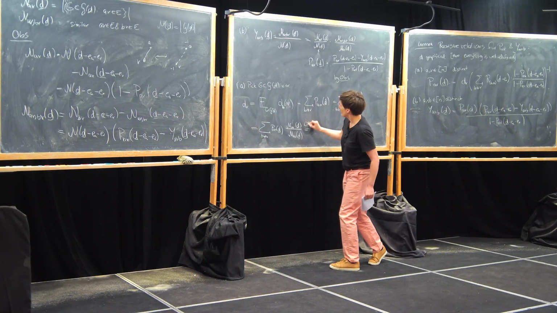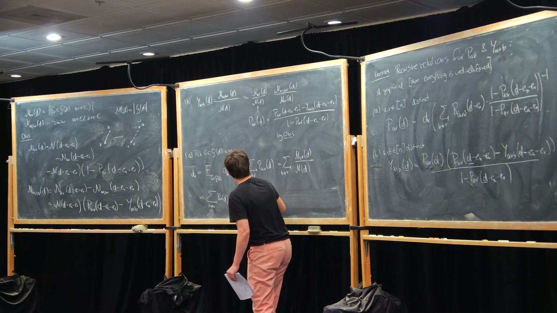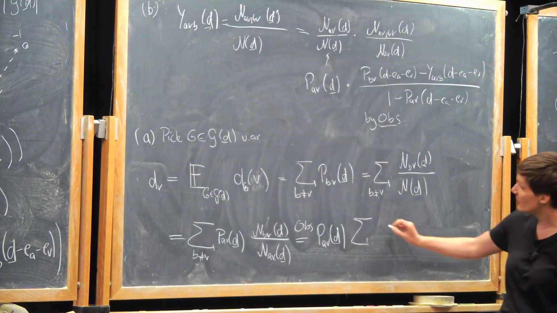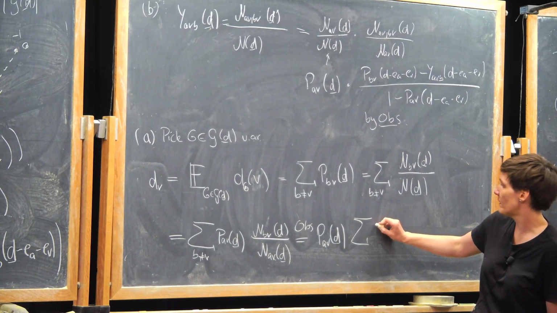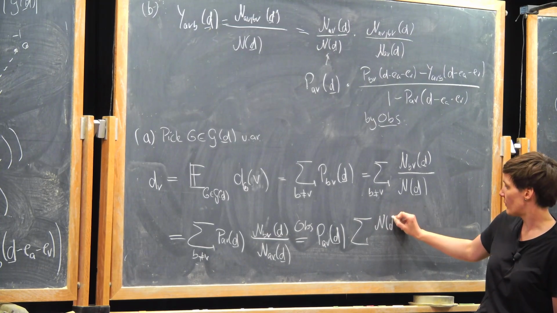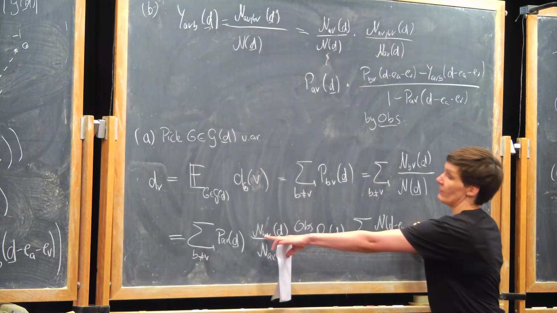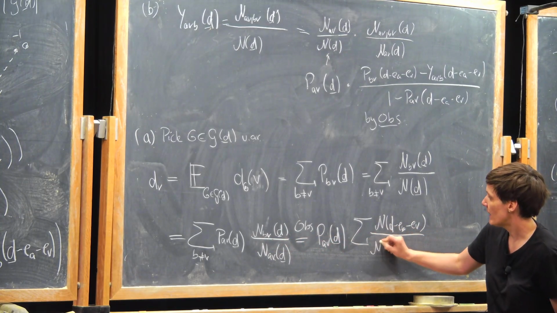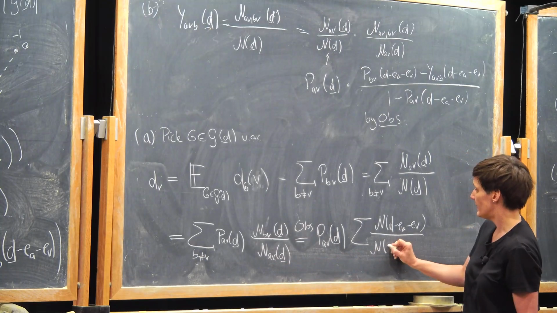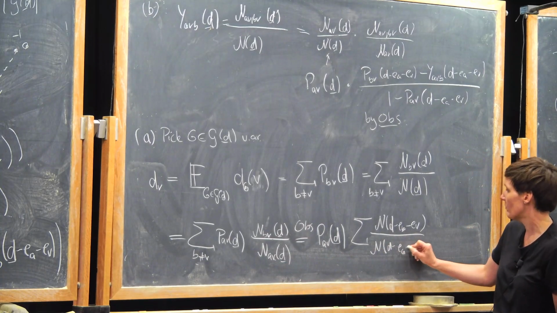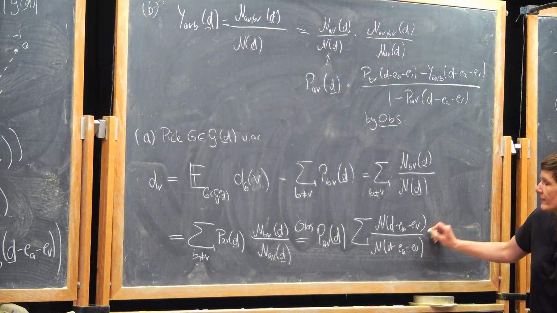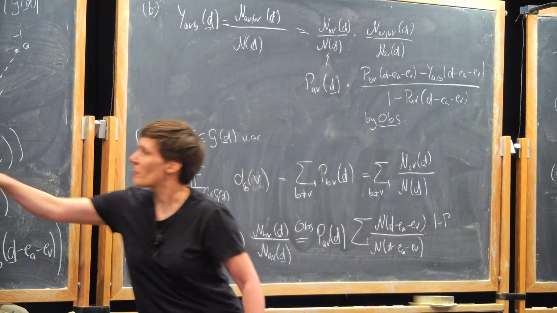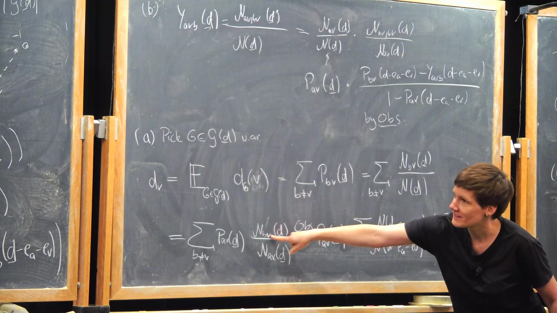So this is again by the observation. Let me pull the PAV of D outside times the sum. And now I have here an N of D minus EB minus EV over N of D minus EA minus EV times 1 minus this probability for that number.